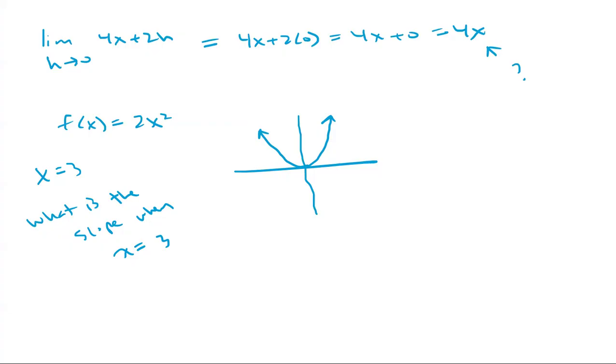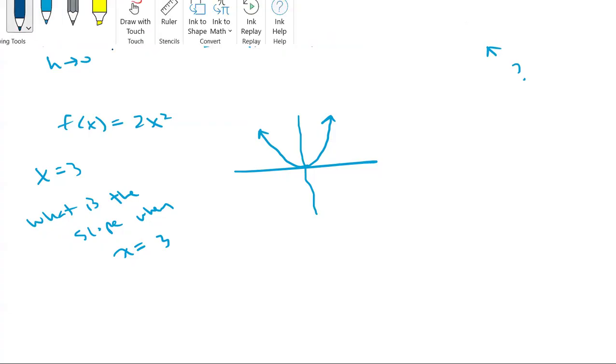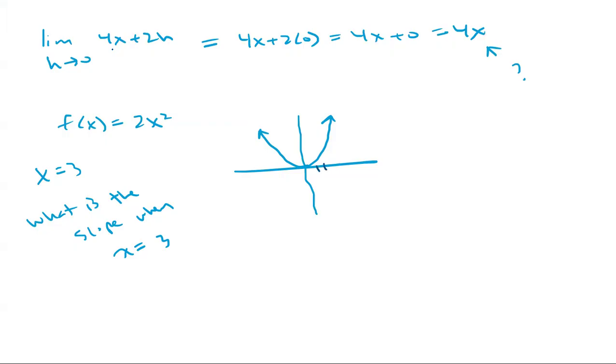So if I mark the 3 here, 1, 2, 3 is right there. If I draw a tangent line, which means it just touches the graph at one particular point, what is my slope, or m, at this point?